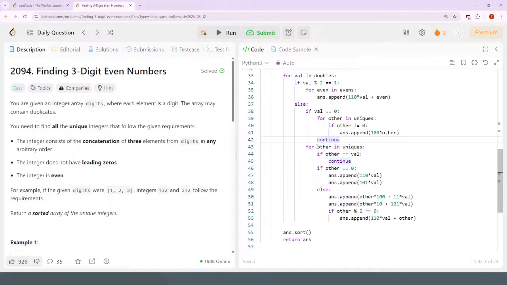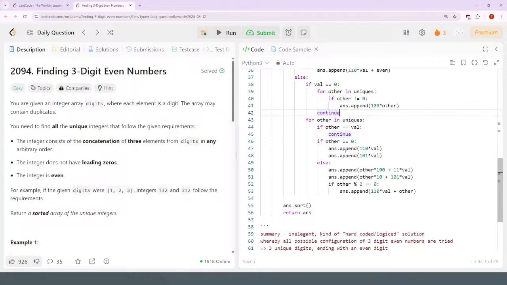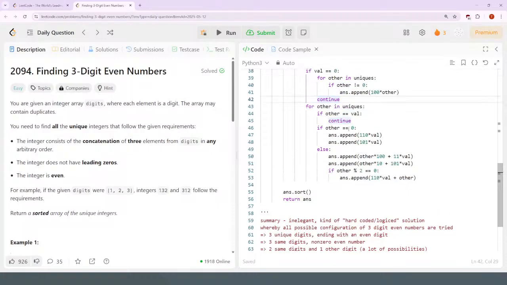If it's not 0, that's duplicated, that's an even number, then it has to be paired with some other number for all the cases, pretty much. What is this doing?